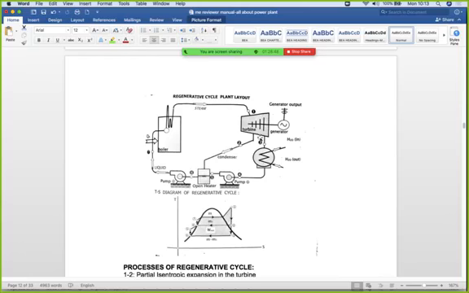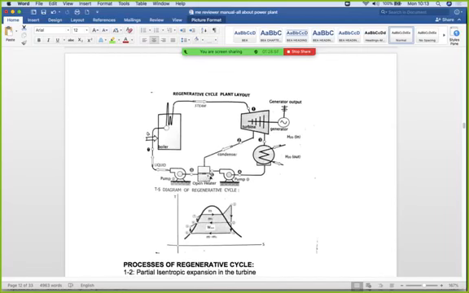The output of the turbine will go directly to the open heater.